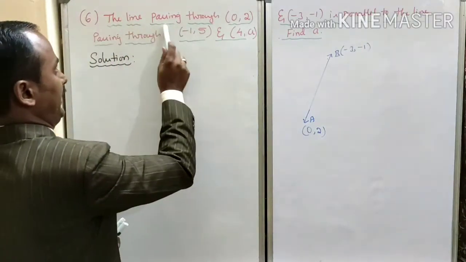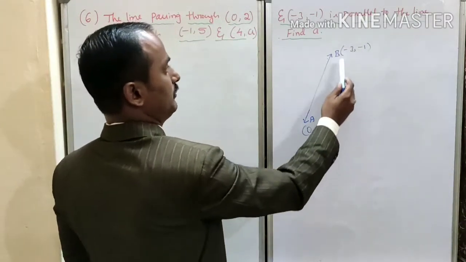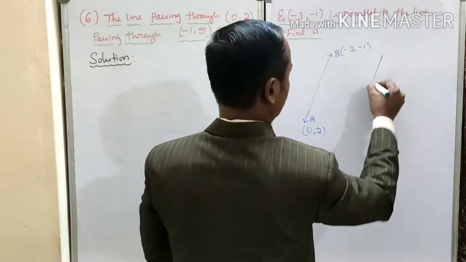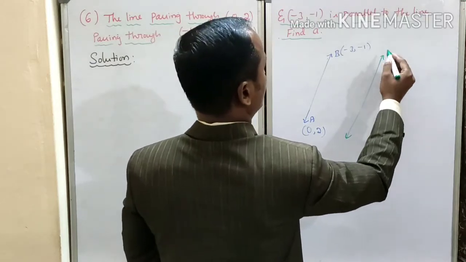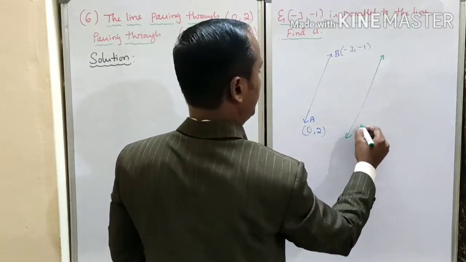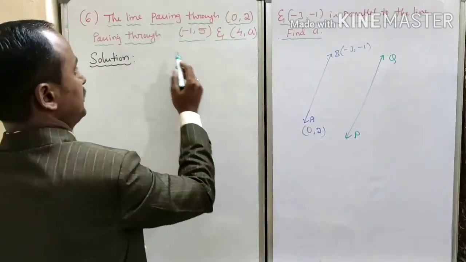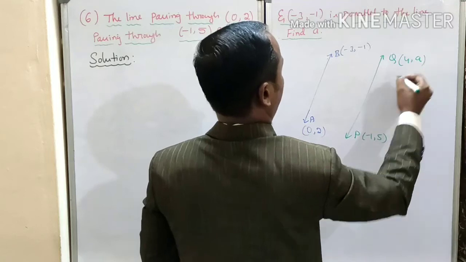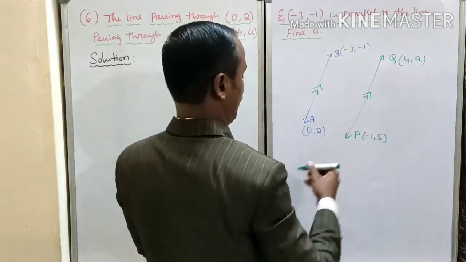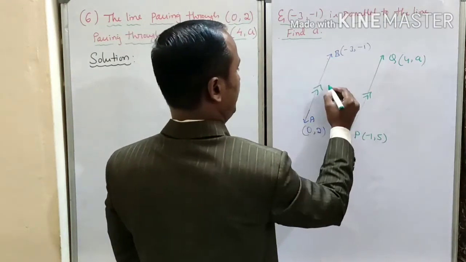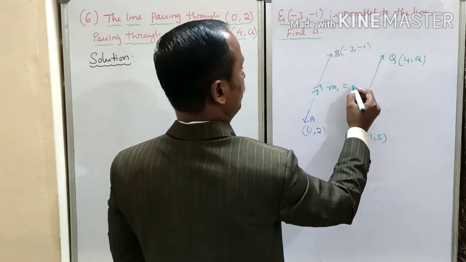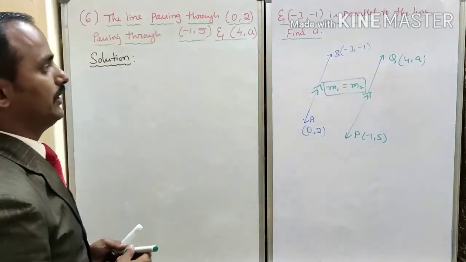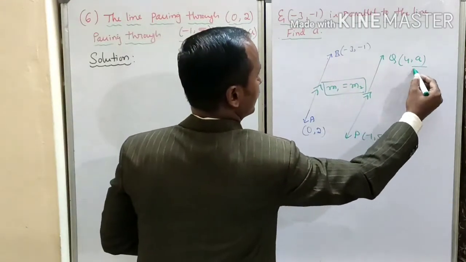The line passing through 0, 2 and minus 3, minus 1 is parallel to the line PQ passing through the points minus 1, 5 and 4, A. These two lines are parallel, which means the AB slope M1 is equal to the PQ slope M2. By using this condition, I will find out the value of A, dear children.